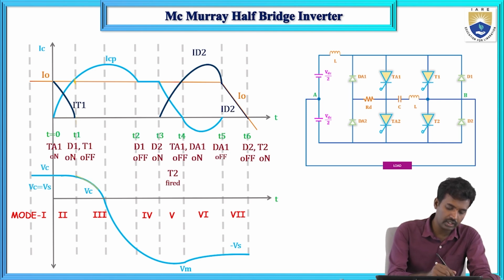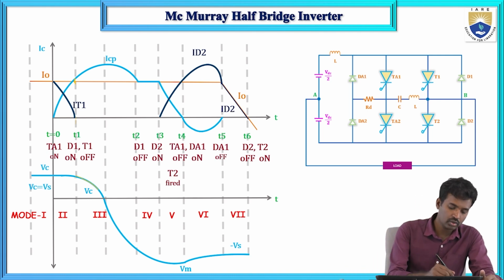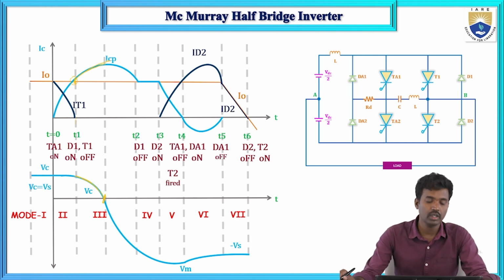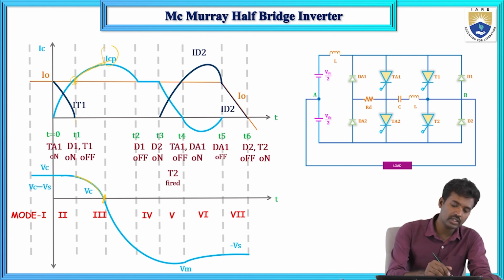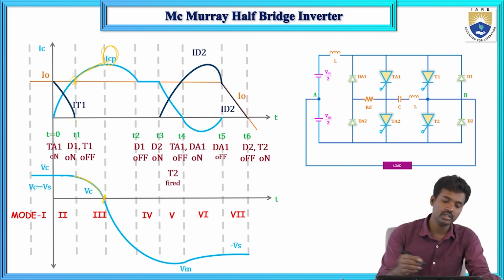When it reaches 0, the capacitor current exceeds I0 and increases towards the maximum value, which is ICP. When VC equals 0, IC current is 0, and the IT1 current is increasing.